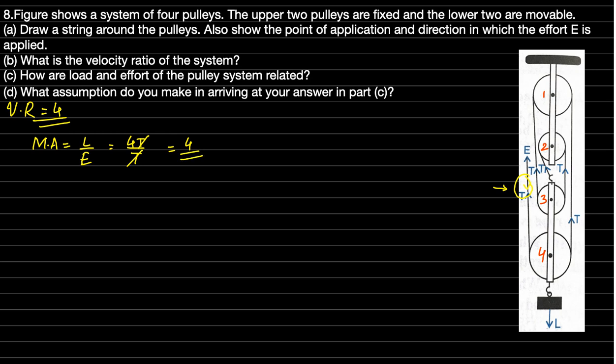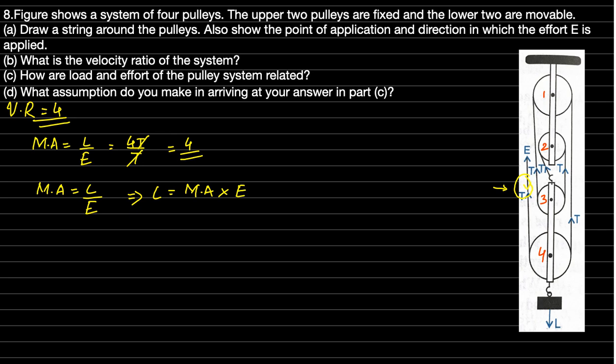Now that we have got the mechanical advantage as 4, we know the formula. Again we will be using the same formula, that is mechanical advantage is equal to load divided by effort. So here load is going to be equal to, effort goes to the other side, so we get mechanical advantage into effort.